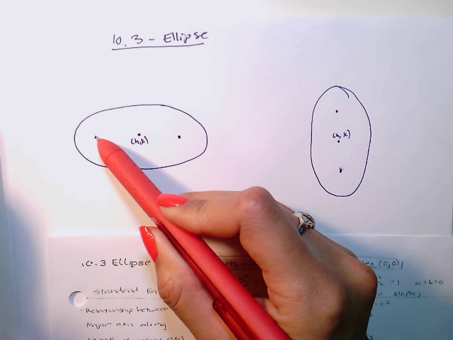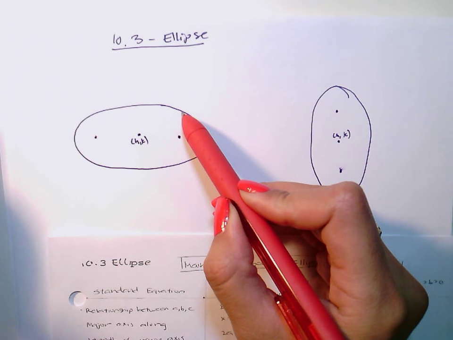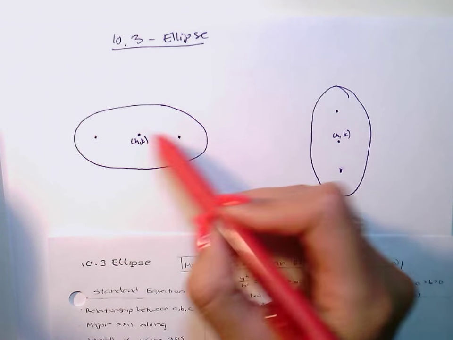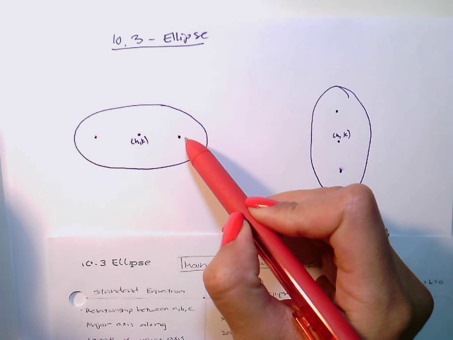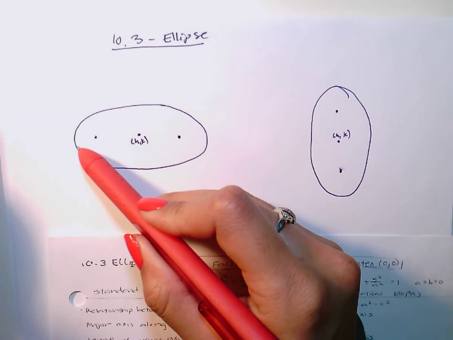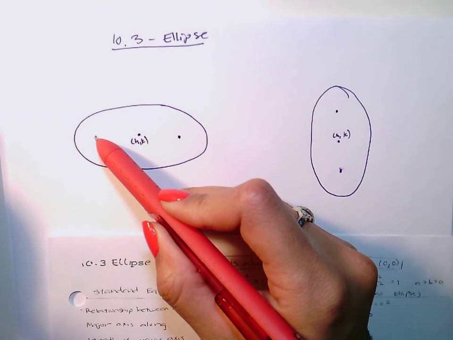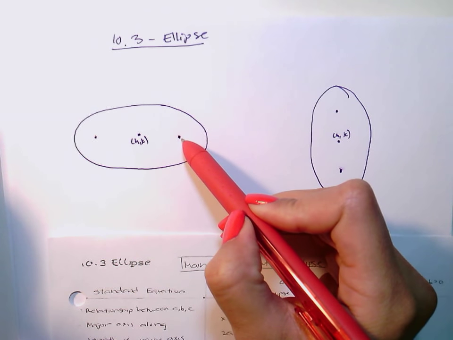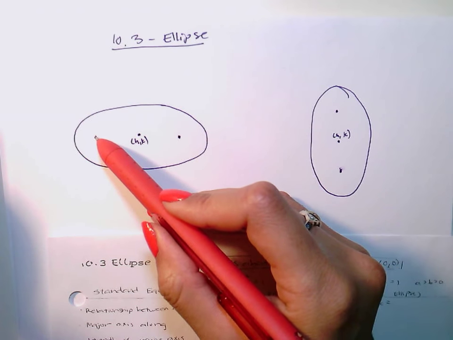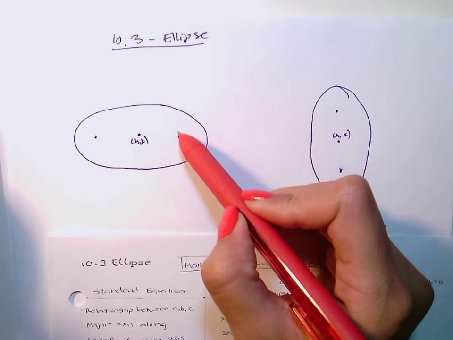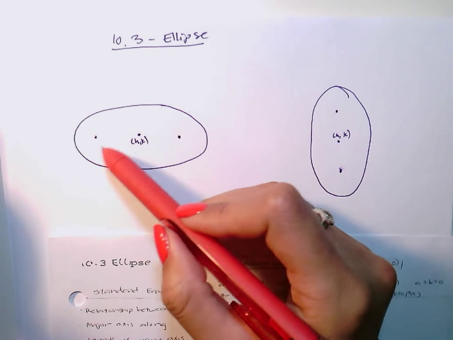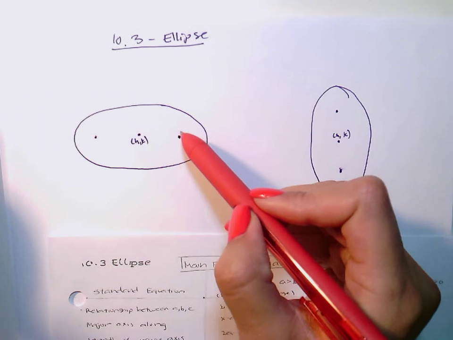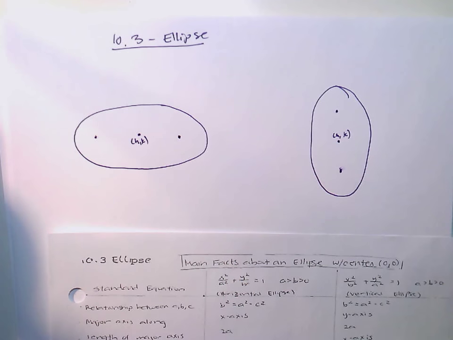If I start at this focus, end at this point up here, and then go down to this other focus, that total length is equal to the total length for the first point that I chose. Even if I chose this point over here, the total length from this focus to that point to this other focus is equal to the others. So all of those are equal distances.